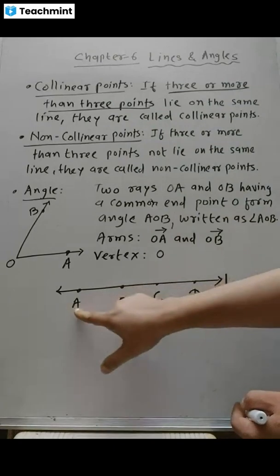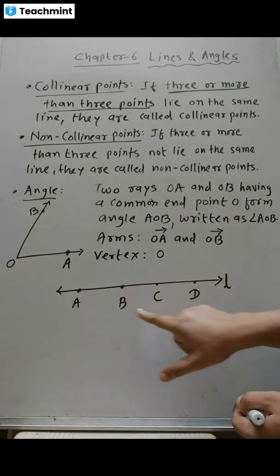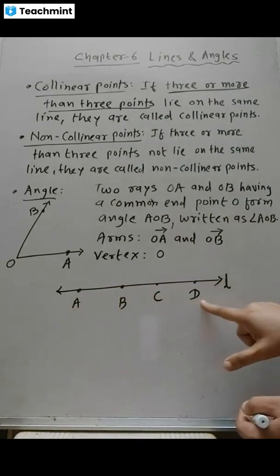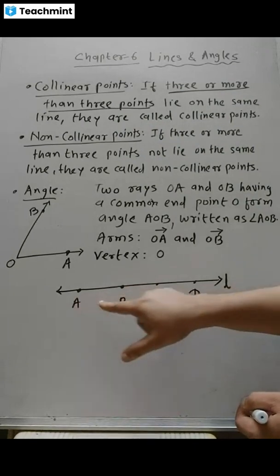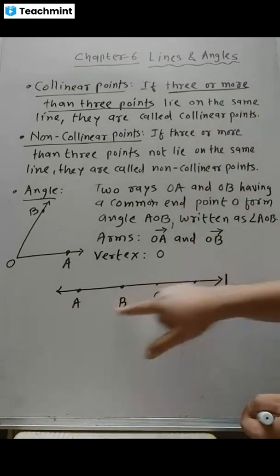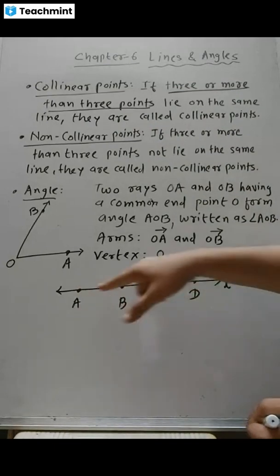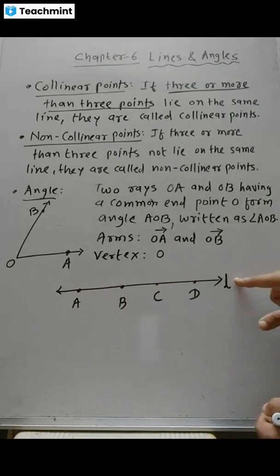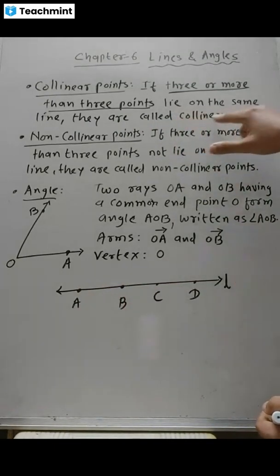So points A, B, C and D, these 4 points lie on the same line L. It is called collinear points.